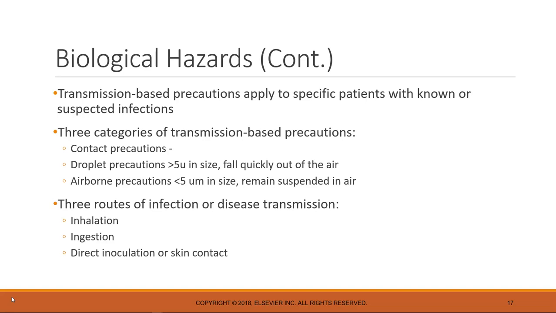I want you to know there's 3 routes of infection or disease transmission. We talked about inhalation, where we actually breathe in the organism and then become infected. There's ingestion. Frequently we hear on the news about bagged salads being contaminated with an organism that causes a severe gastrointestinal disturbance. And then there's direct inoculation or skin contact.